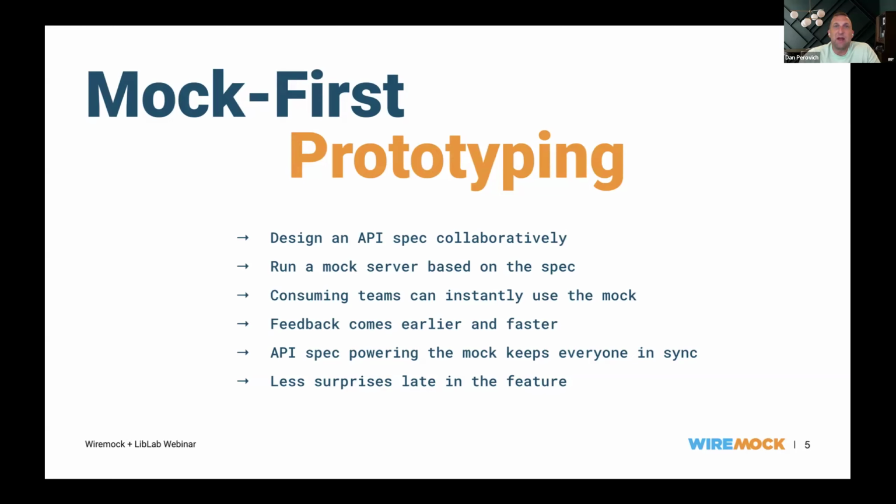And this API spec that can automatically be generated by many tools like WireMock can then be iterated upon by the consuming team and the producing team, and used to rapidly generate assets such as SDKs, as we'll see today, documentation for developer portals, and then decorated with additional capabilities such as authentication, and fed back into our mocking framework so the consuming team can make use of these changes as soon as possible. All of this leads to fewer surprises late in the feature release cycle here.